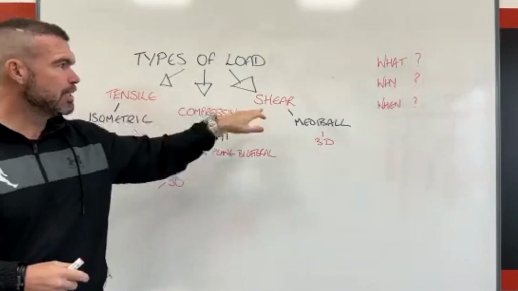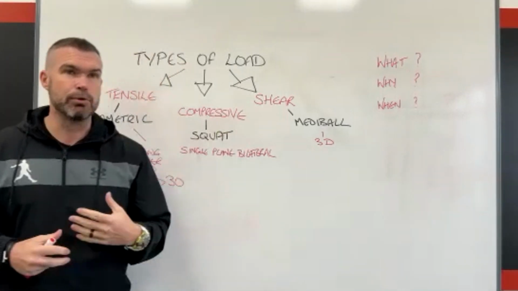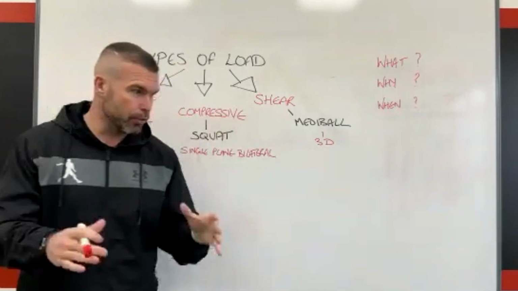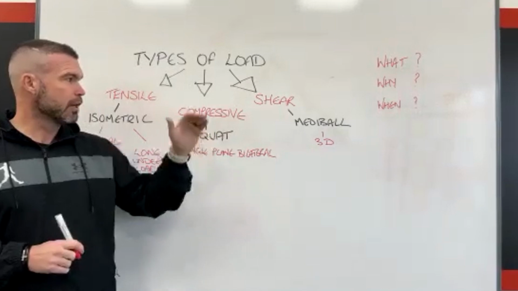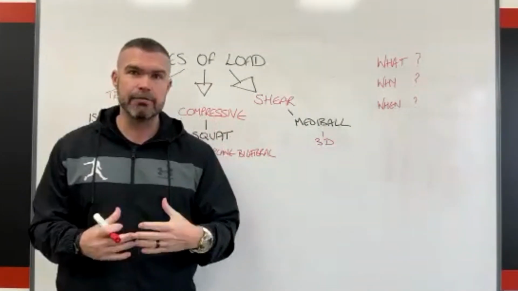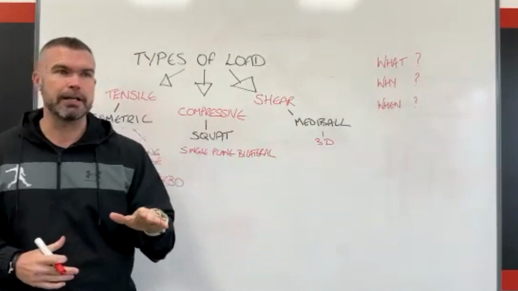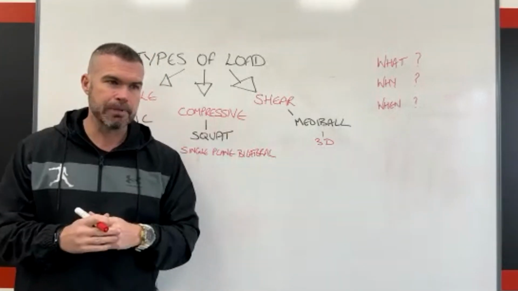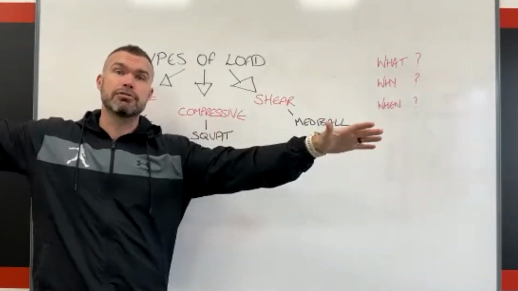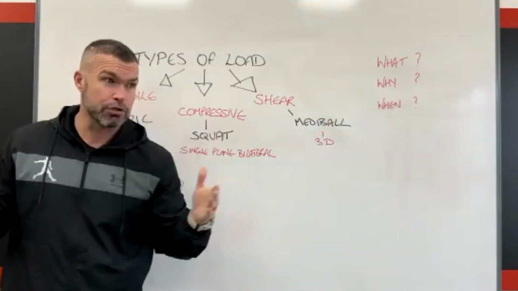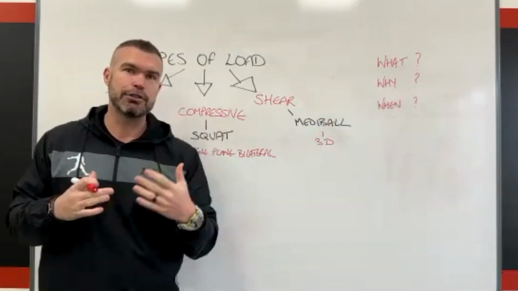Now, shear is an interesting one because shear is more omnidirectional, all different planes of motion type work that the body really, really needs. Okay. A little story on shear: in America, they had this massive greenhouse where they were trying to grow these fantastic trees.